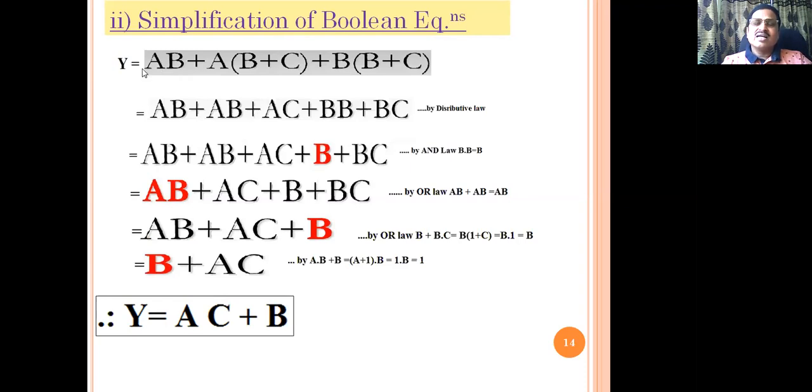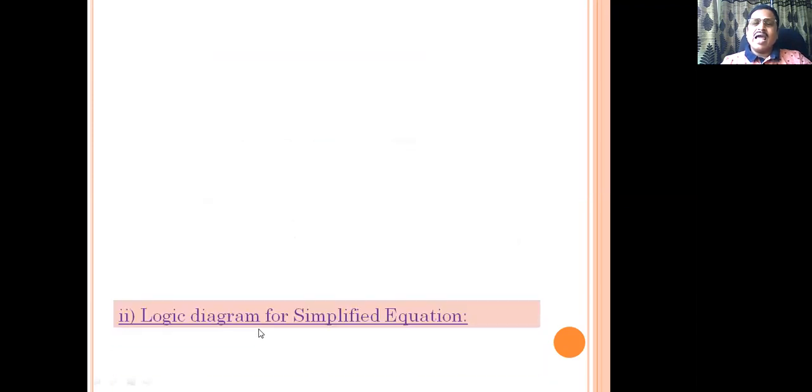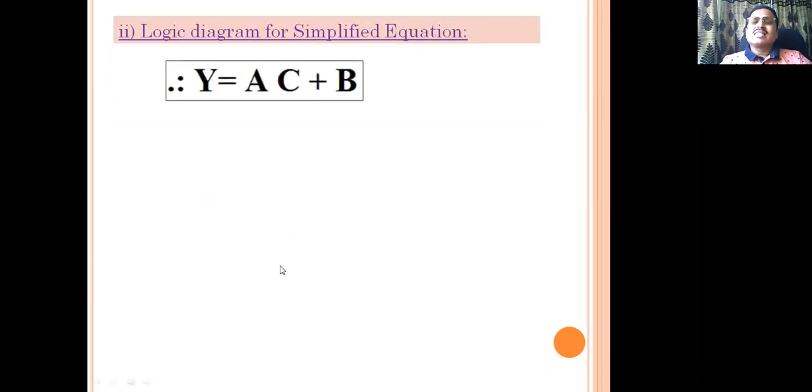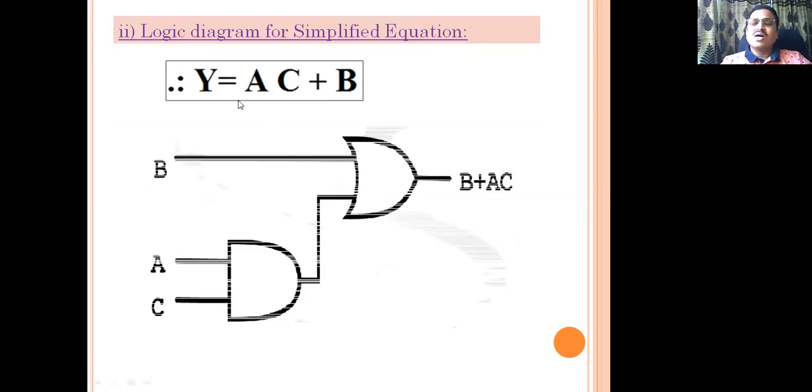If you observe here, the equation we were given has a large number of terms and logical operations, but the simplified equation has a small number of terms. The first term has an AND between A and C, ORed with the second variable B. Thus, we have three variables A, B, and C in the simplified equation. For this, you can draw the logic diagram.